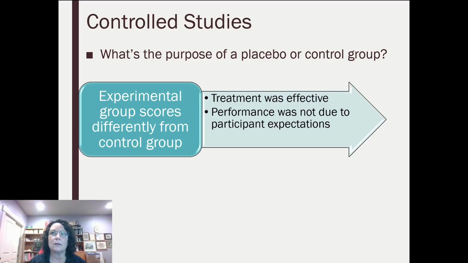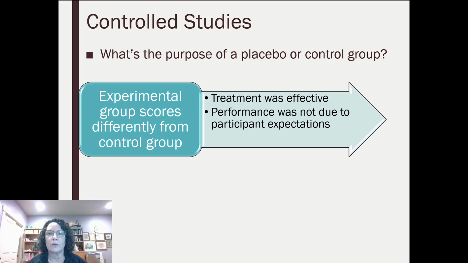We could eliminate the alternative explanation that it was due to placebo effects because we're seeing the experimental group scoring differently from the group that got a placebo. The placebo wasn't powerful enough to compete with the experimental treatment.